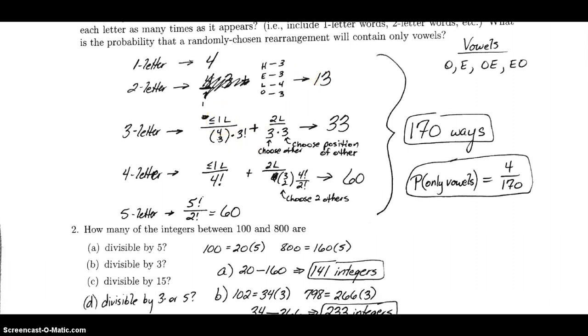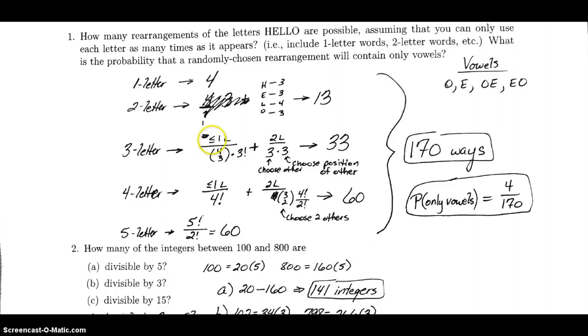3 letter, let me just explain a little bit what's going on here. So I'm taking this is a category, this isn't a fraction, first of all. It wasn't very clear. So less than or equal to 1 L. In other words, we don't have more than one of any letter. And we have 4 letters to choose from. So out of our 4 letters to choose from, we're going to choose 3 of them.